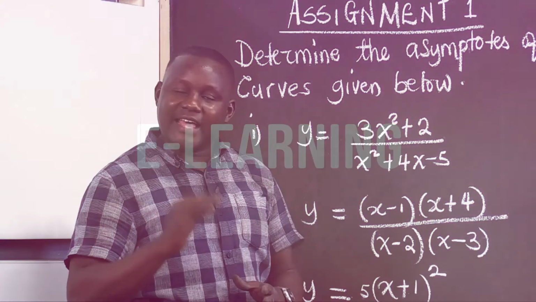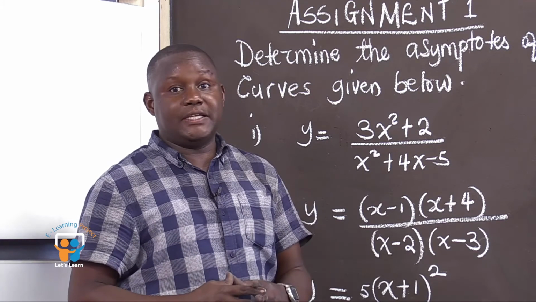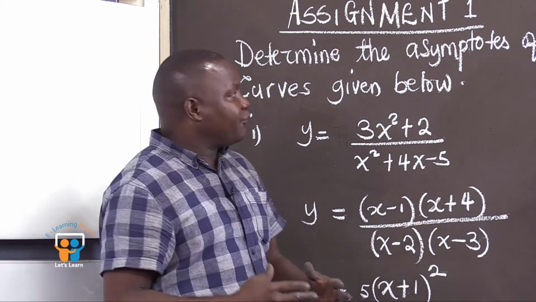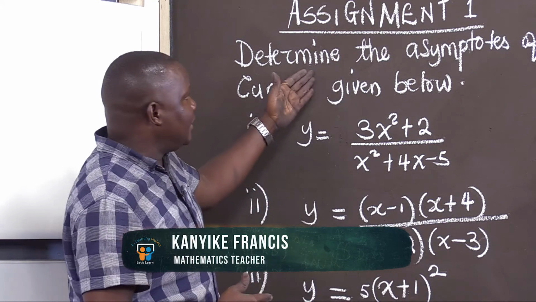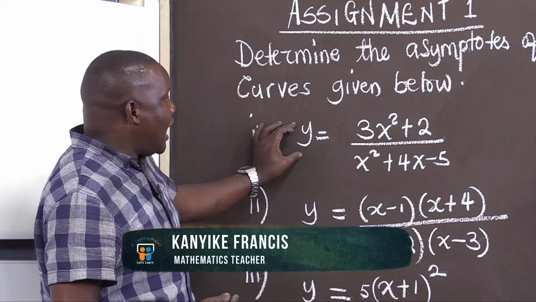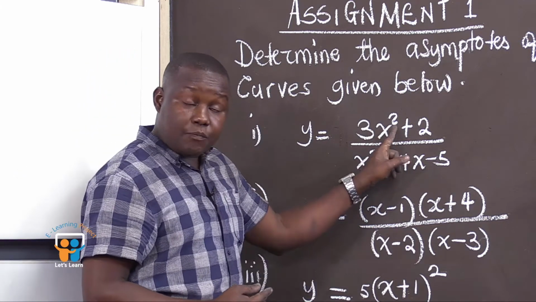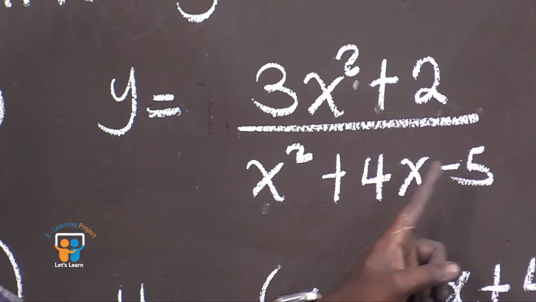Dear students, thank you so much for having been so active, very attentive, and for the notes you've taken. Right before you now, we have an assignment for you. We want you to determine the asymptotes of the curves given below. Number 1, y equals 3x squared plus 2 divided by x squared plus 4x minus 5.